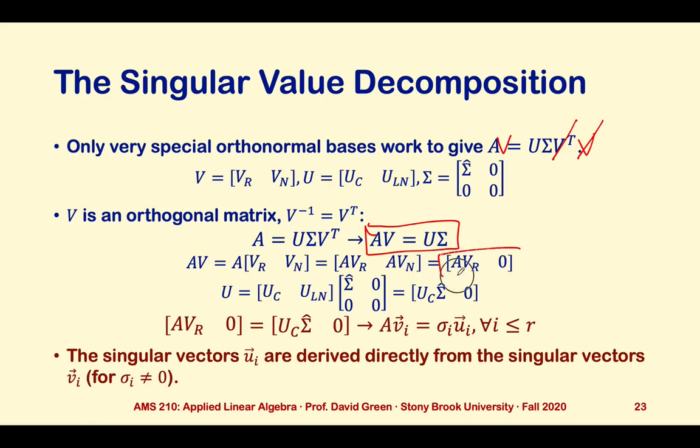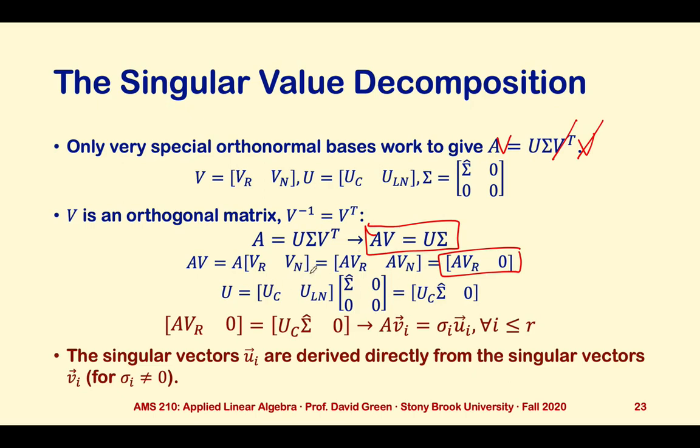It gives us a matrix that looks like this: A times the columns of the row space, a matrix whose columns are the row space of A, and a block of all zeros.